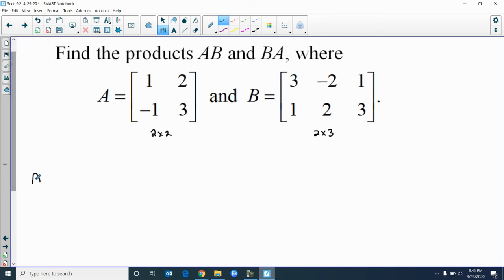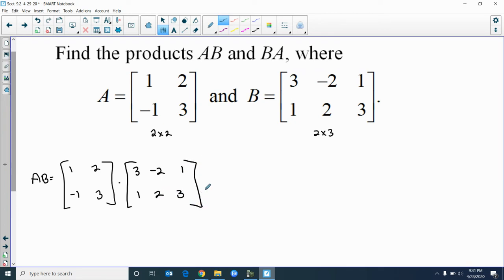Here's how we multiply matrices together. I'm going to rewrite these. I'm going to write 1, 2, -1, 3 times 3, -2, 1, 1, 2, 3.